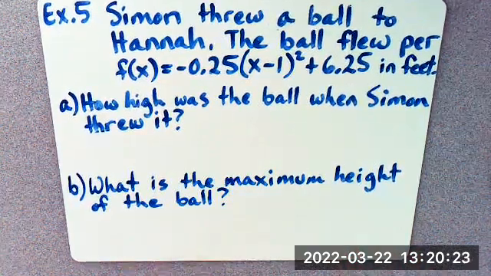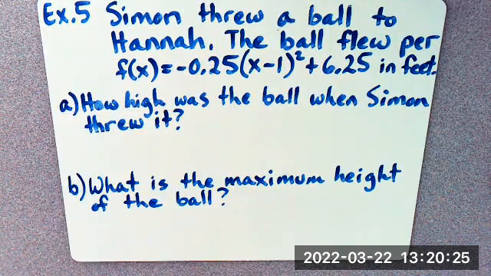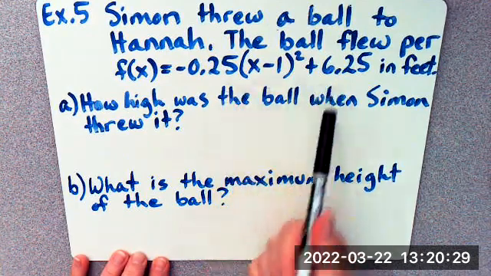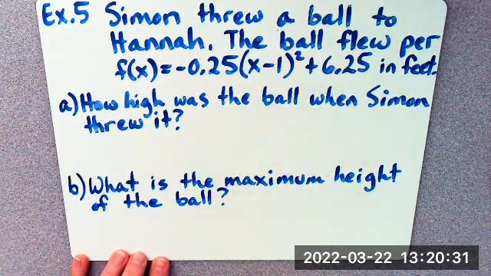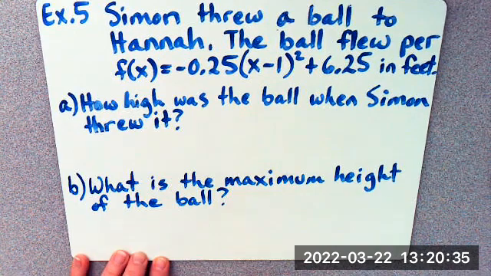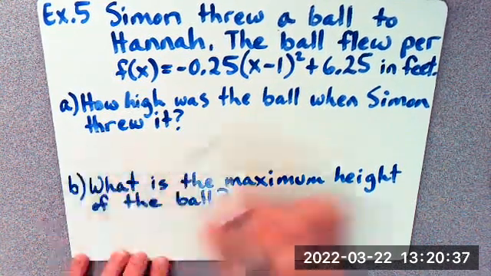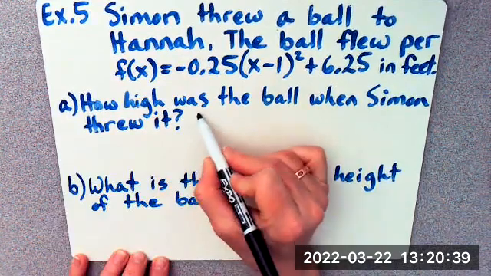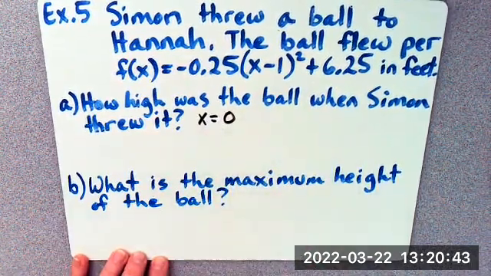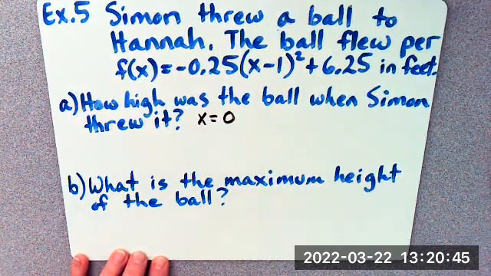This is vertex form. So we know what the vertex is because it's vertex form. So how high was the ball when Simon threw it? Well, that happens when x is 0, because Simon is at the 0 starting point when he throws the ball.